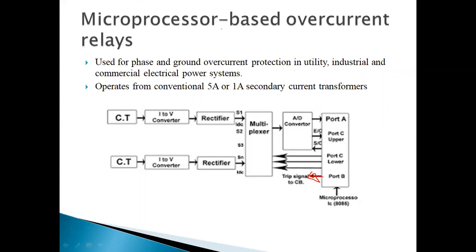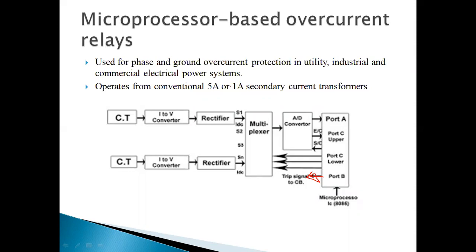This is a microprocessor based overcurrent relay, and it is used for phase and ground overcurrent protection in utility, industrial, and commercial electrical power systems. It is used for phase protection, ground protection, in utility, meaning normal use, and in industrial and commercial electrical power systems.